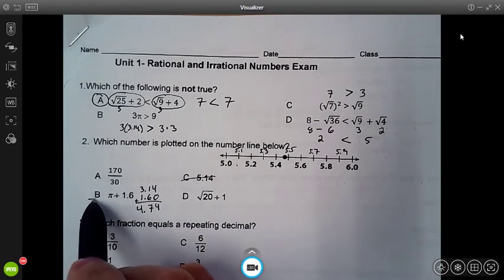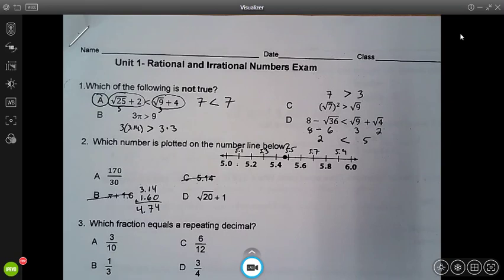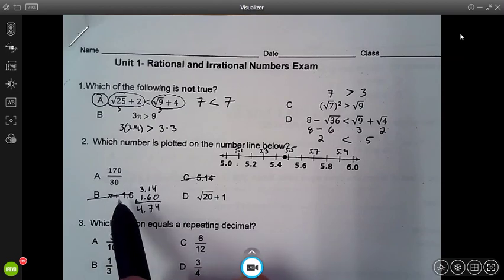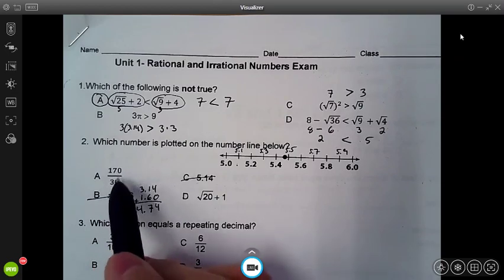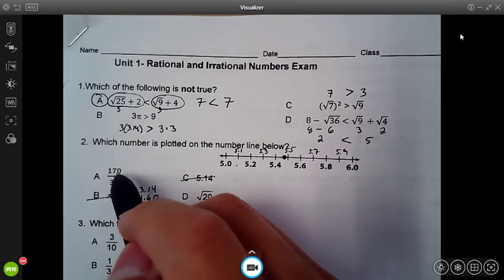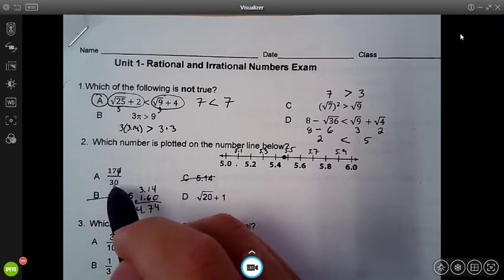Okay. Let's go ahead and look at this one. Let's divide both by 10, because they both end in 0, so let's make it an easier number. If I divide 170 by 10, I get 17. If I divide 30 by 10, I get 3.